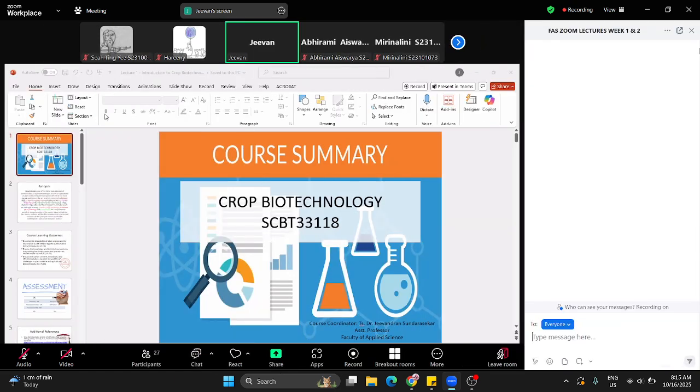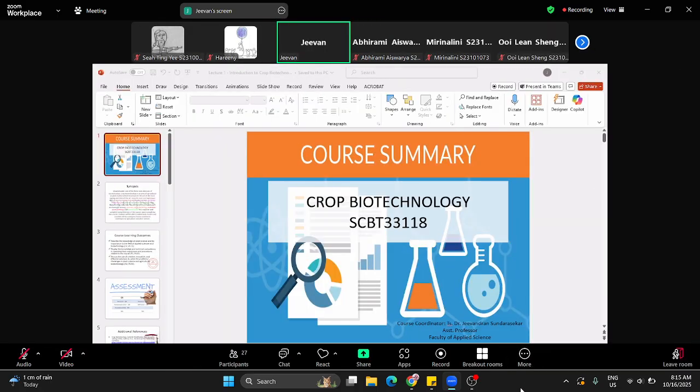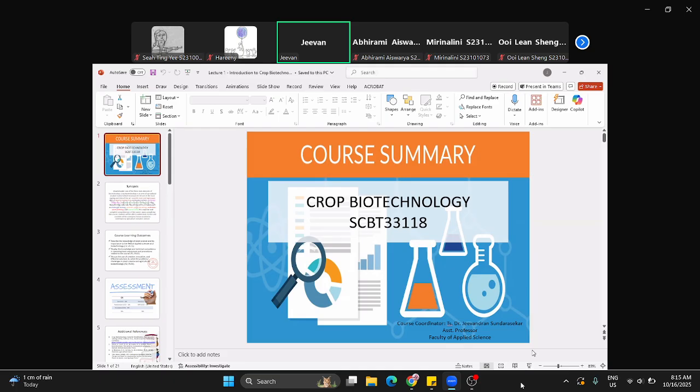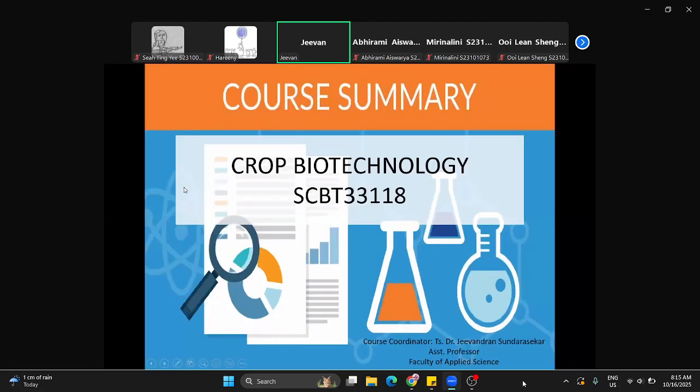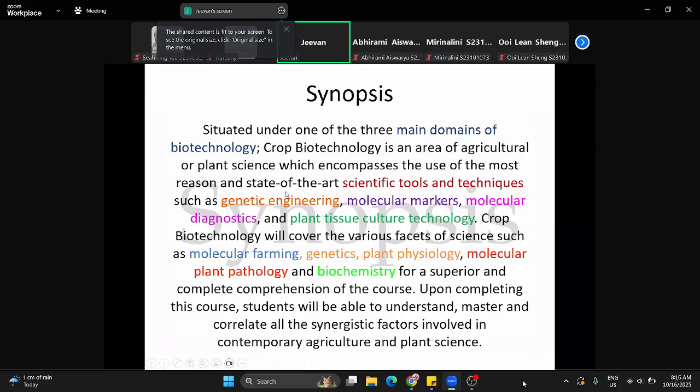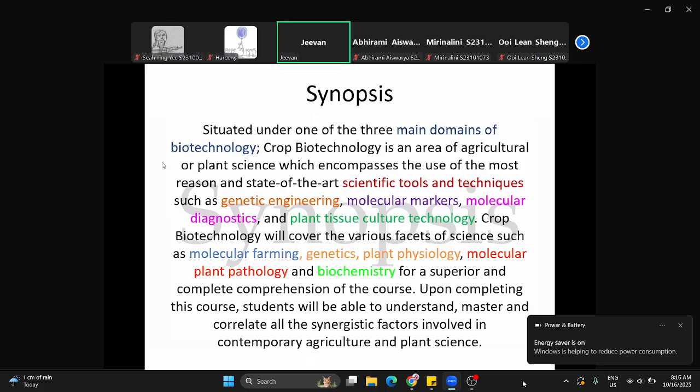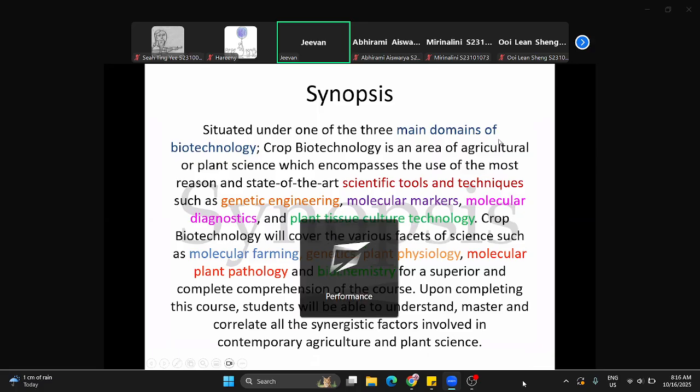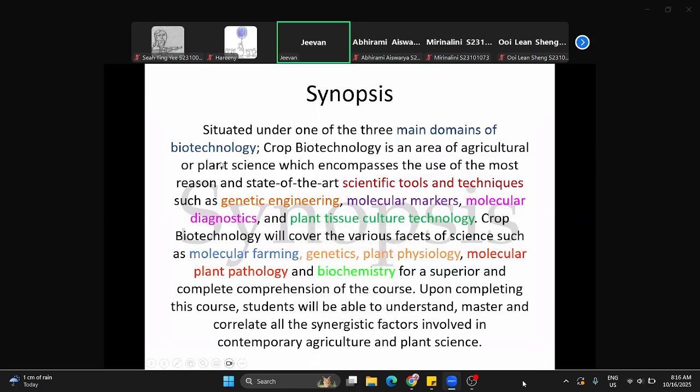So in this topic, I'm going to share with you the synopsis. So for crop biotechnology, this is the synopsis. Crop biotechnology is situated under one of the three main domains of technology.